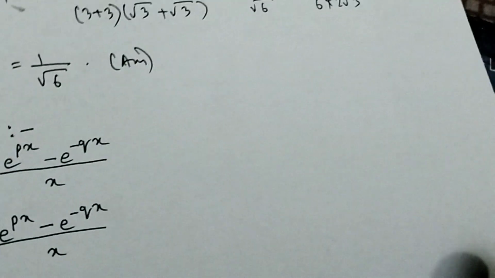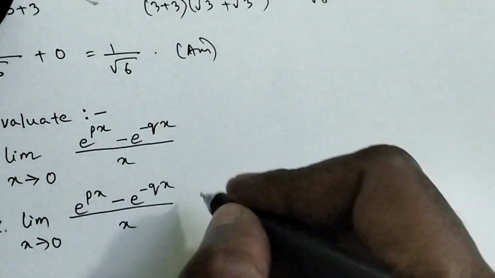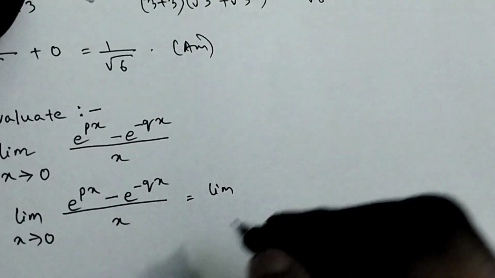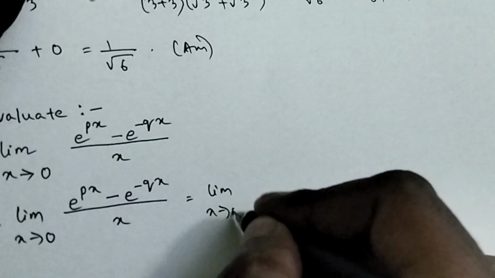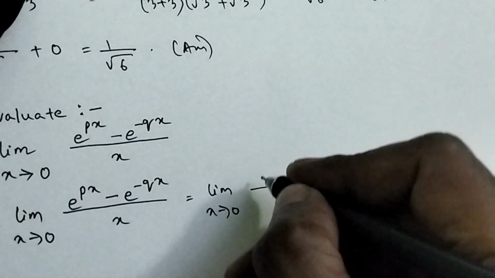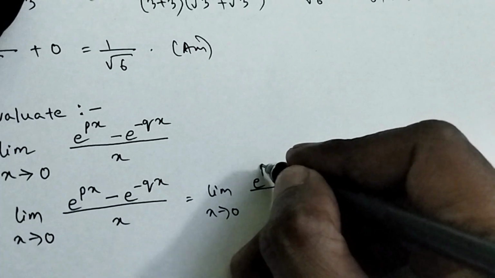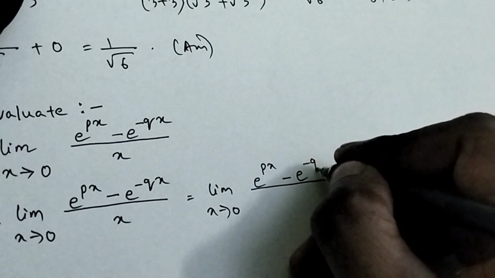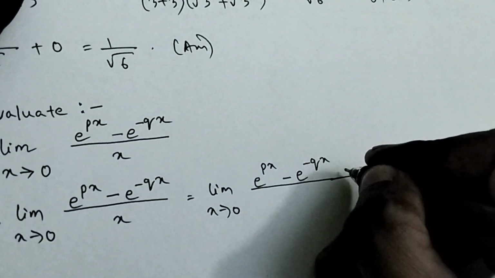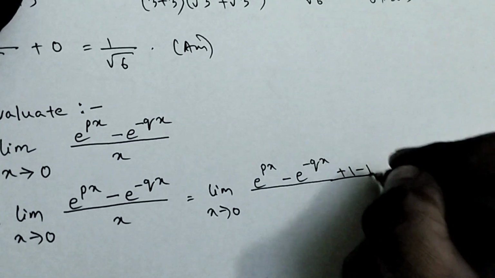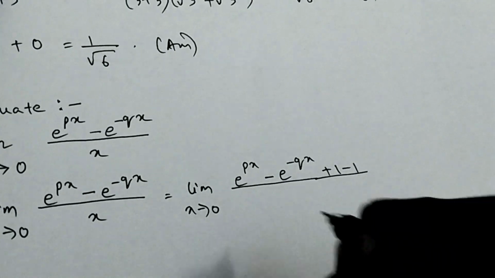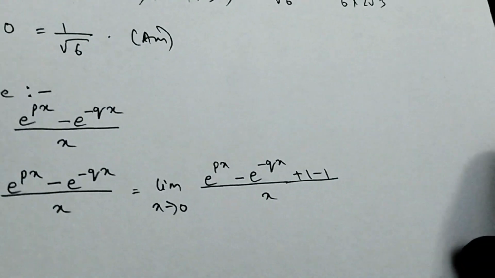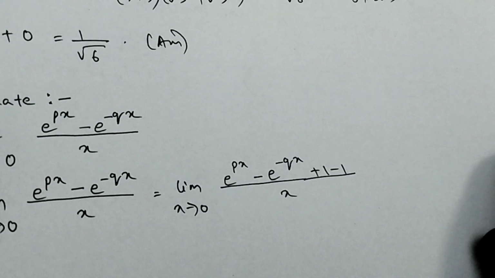Okay, now this can be written as limit x tends to 0, e to the power px minus e to the power minus qx plus 1 minus 1, by x. Clear? No problem.